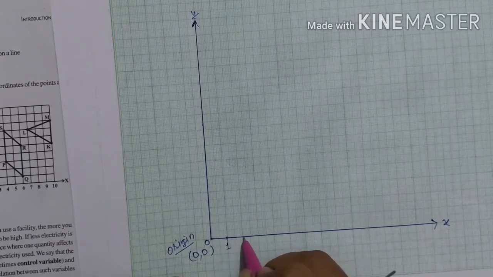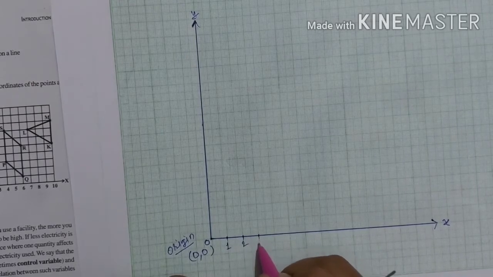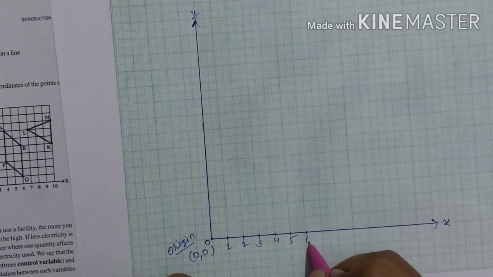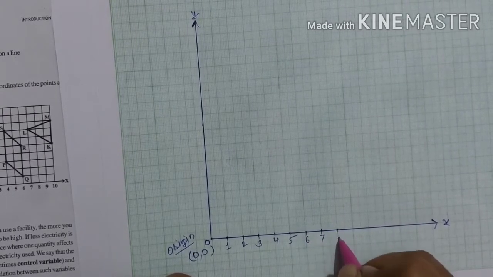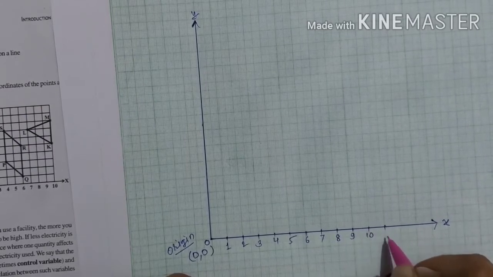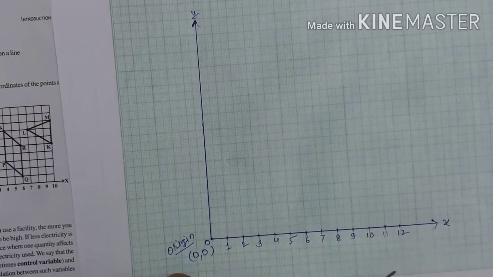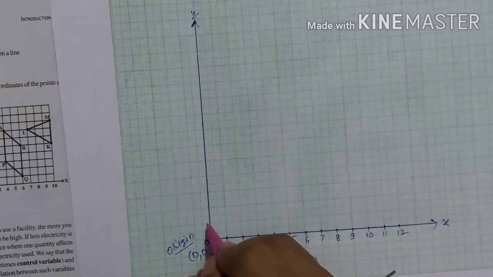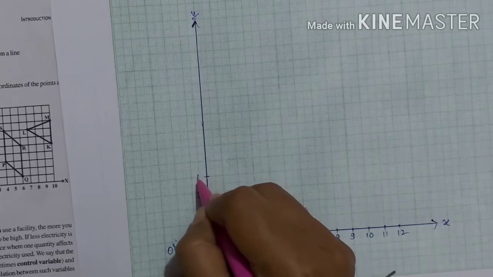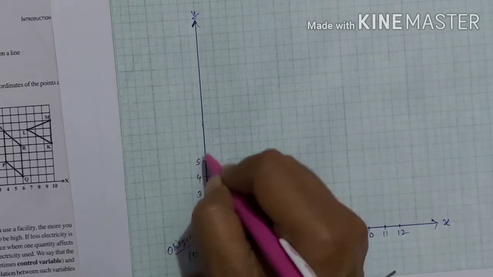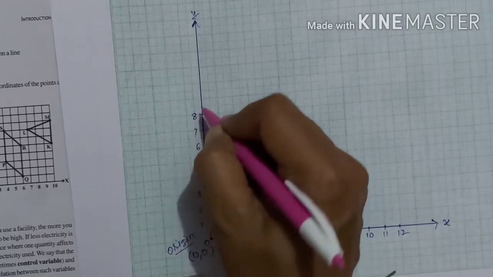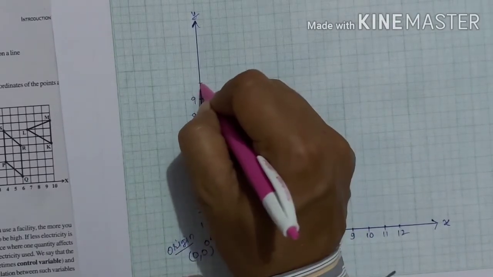First is 1, after 1, one block is a square: 1 2 3 4 5 6 7 8 9 10 11 12, and here 1 2 3 4 5 6 7 8 9 and 10.